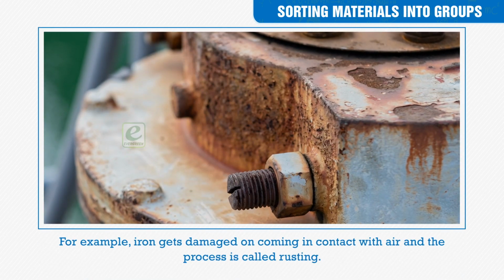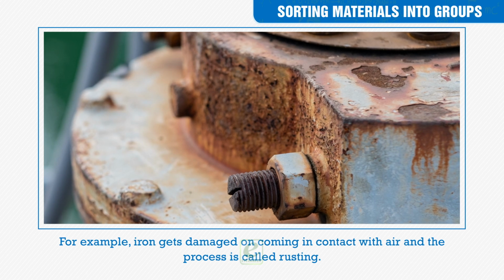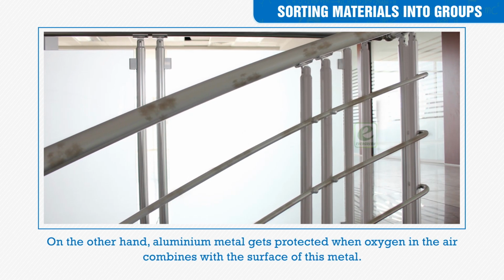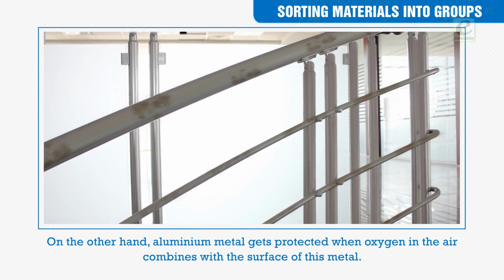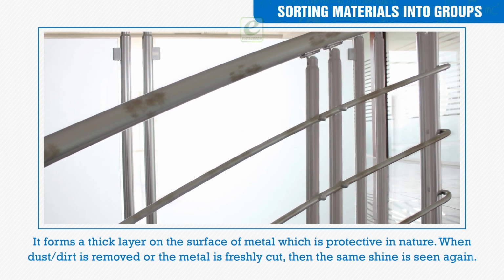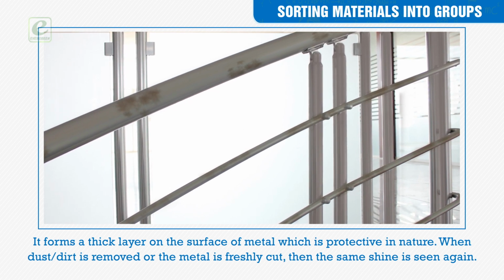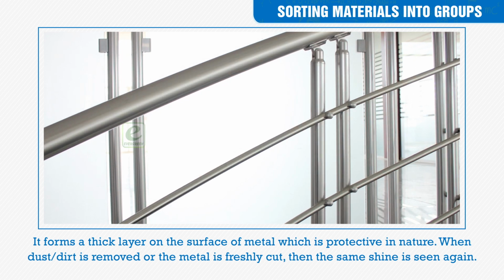For example, iron gets damaged on coming in contact with air, and the process is called rusting. On the other hand, aluminium metal gets protected when oxygen in the air combines with the surface of this metal. It forms a thick layer on the surface of the metal, which is protective in nature. When dust and dirt are removed, or the metal is freshly cut, the same shine is seen again.